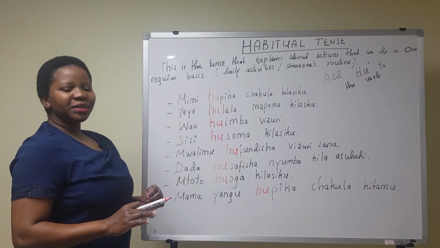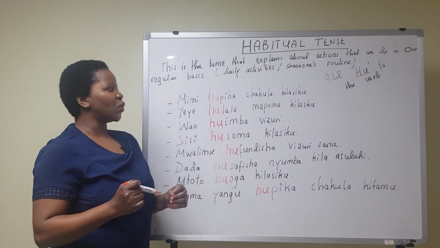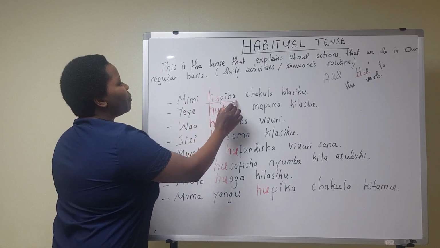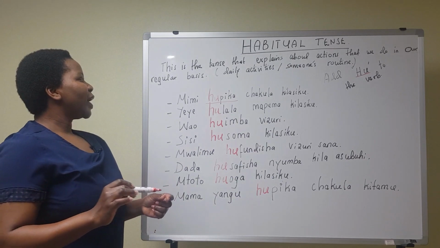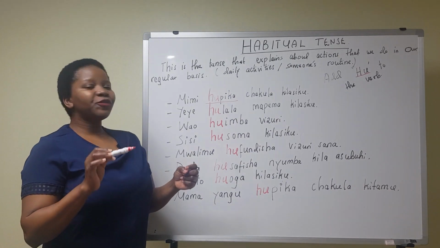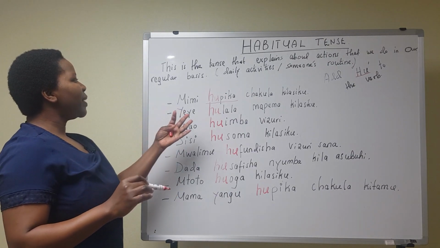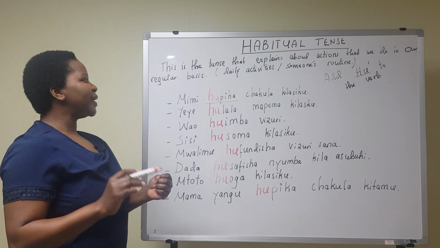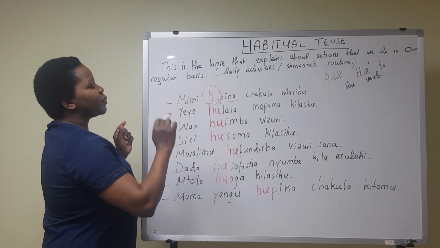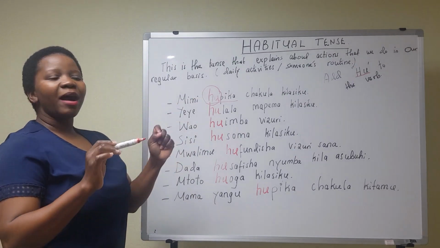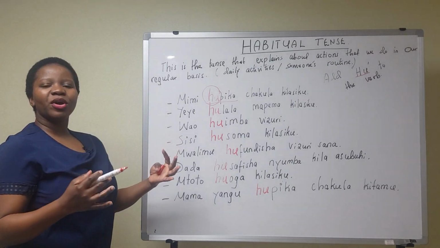The first example says, Mimi hupika chakula kila siku. I cook food every day. So the tense marker here, "hu", explains that this is habitual tense, which explains about someone's regular basis or daily activity.